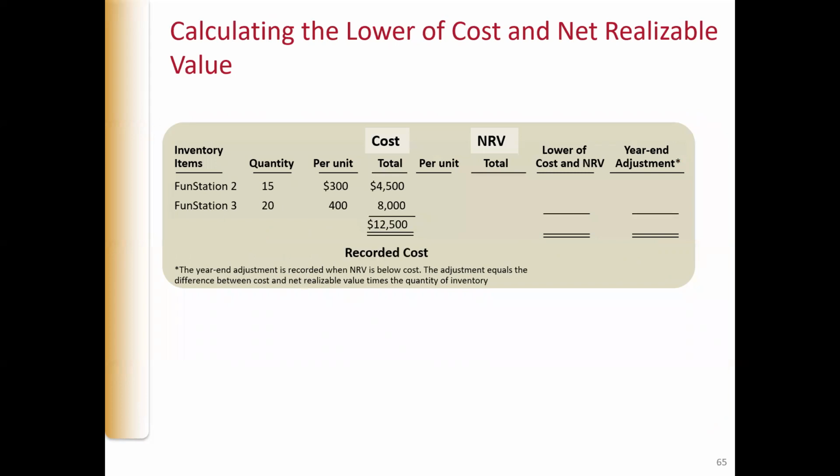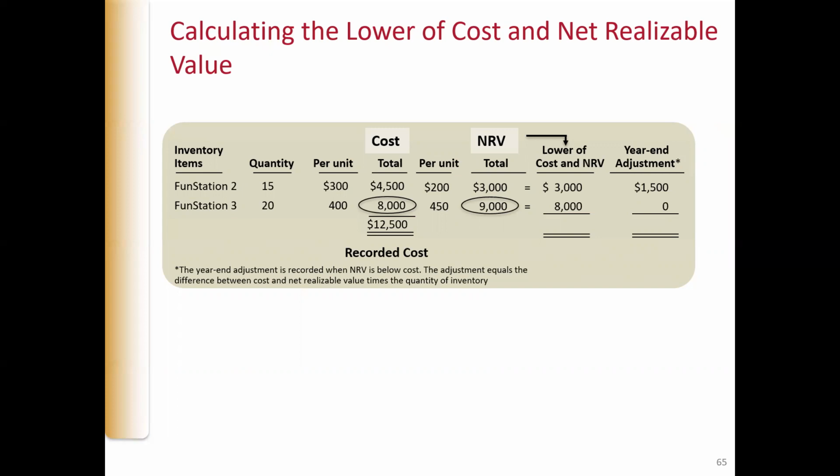So here's an example, guys. This game store has two devices, a Fun Station 2 and a Fun Station 3. It looks like the new one is out now, so it kind of makes the Fun Station 2 a little obsolete. So we're going to look at them and we're going to see, hey, which is lower, cost or net realizable value?